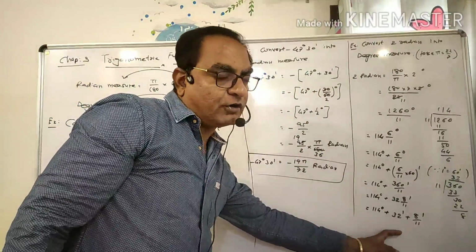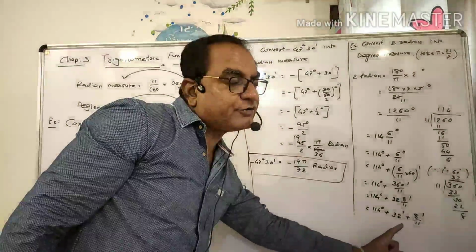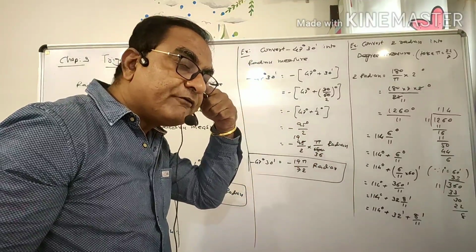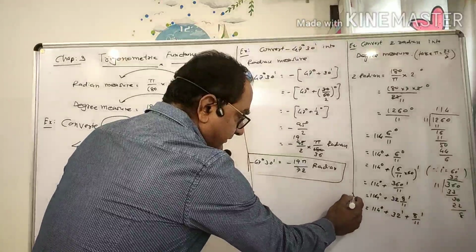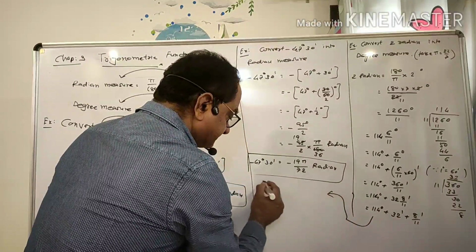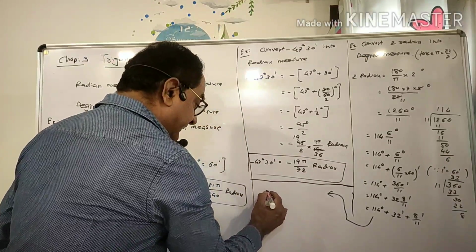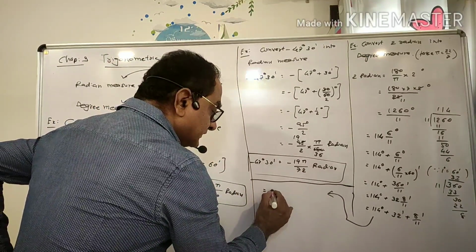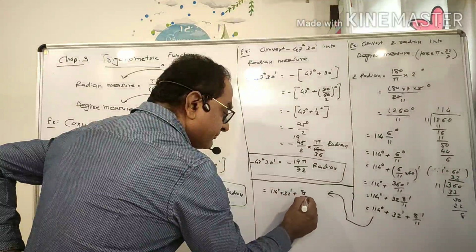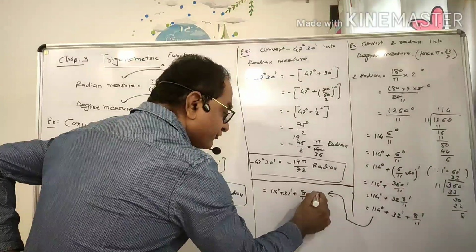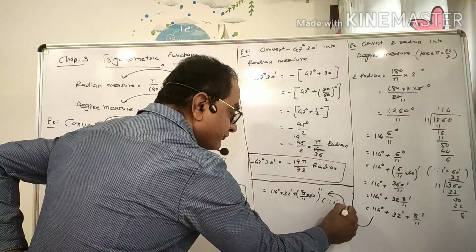Now this minute is a whole number. This fraction part we still convert into seconds, and we know that 1 minute is equal to 60 seconds. So we can write it like this: 114 degree plus 32 minutes plus 8 by 11 into 60 seconds, because 1 minute is equal to 60 seconds.